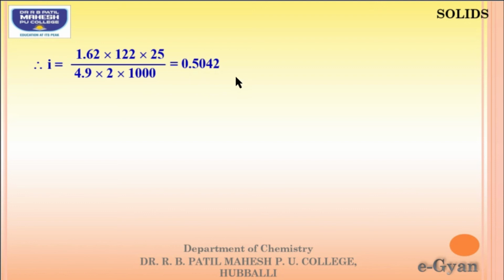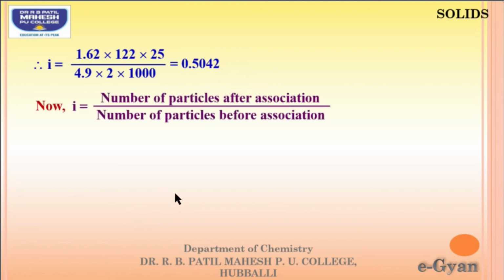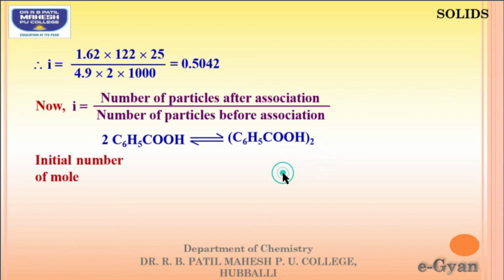So I have to calculate i, which is equal to the number of particles after association divided by the number of particles before association. For acetic acid, 2 molecules of acetic acid, and here again 2 molecules of benzoic acid, are going to undergo dimerization. So the initial number of moles is equal to 1, and for the dimer it will be 0.